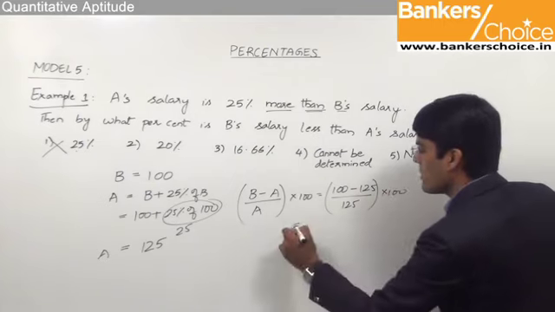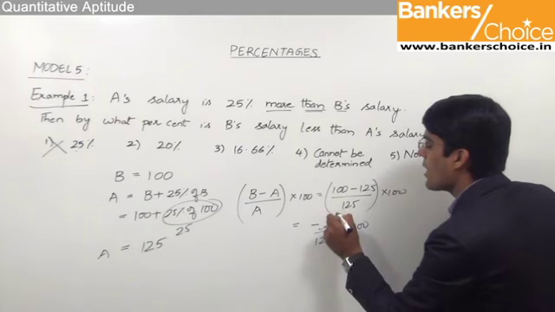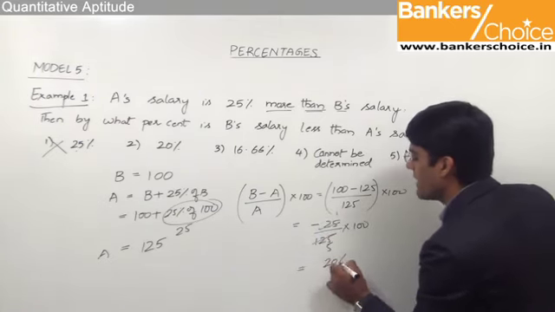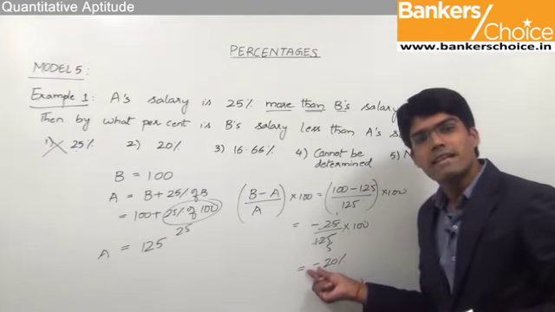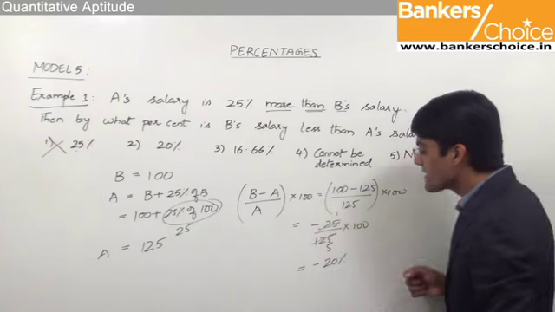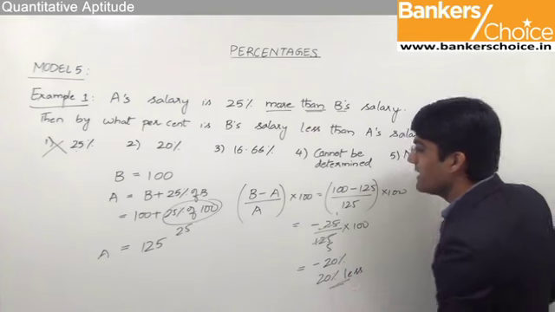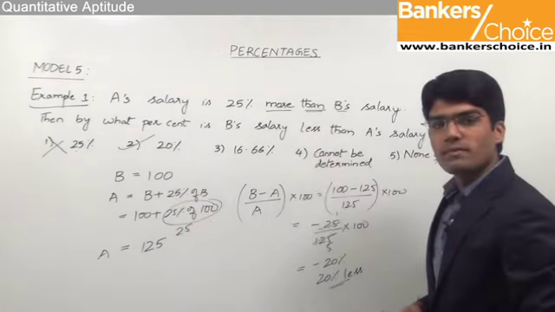So this will be equal to minus 25 by 125 into 100, which is 1 by 5. And 1 by 5 into 100 is equal to 20%. And we also have a negative sign here. Remember, as I've mentioned earlier, the negative sign indicates that this is 20% less. So we can say that B's salary will be 20% less than A's salary. So the correct answer here should be option number 2, that is 20%.